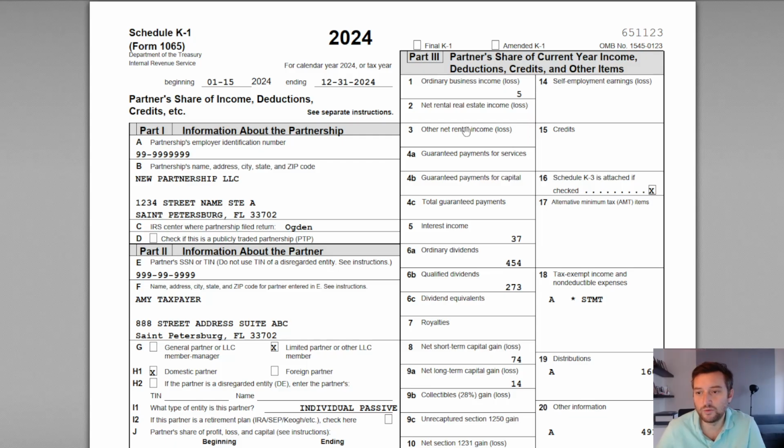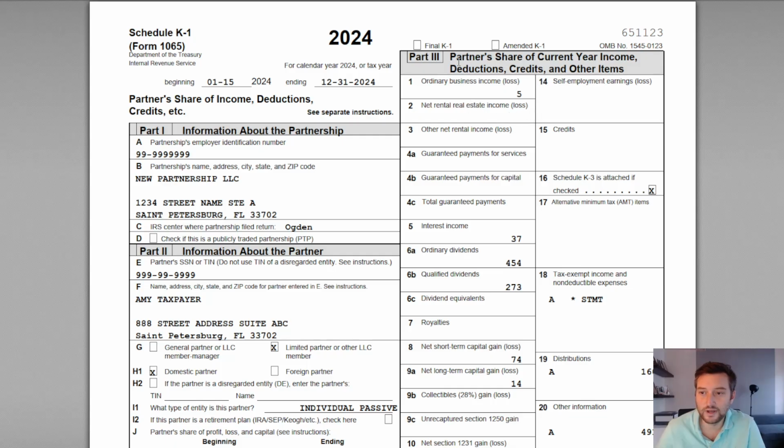So if you have a K-1 that has a line 1 entry, and let's say you also see a line 14 box A entry of $5, that indicates that your allocation of ordinary income is also subject to self-employment tax. Because Amy does not actively participate in this business, we don't see a corresponding entry for the same $5 because it's not going to be subject to self-employment taxes for her.